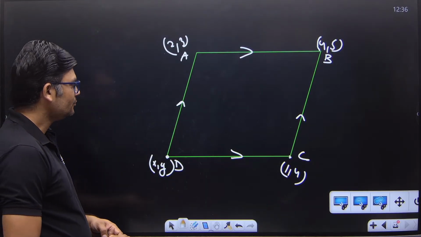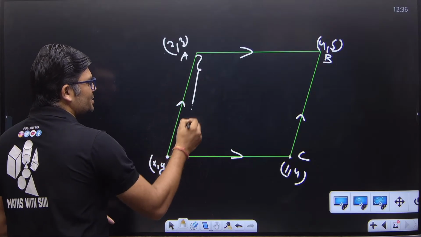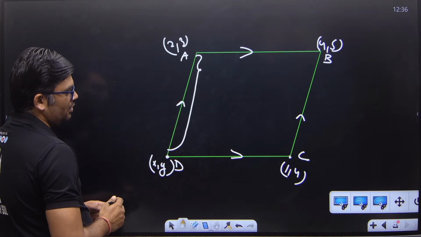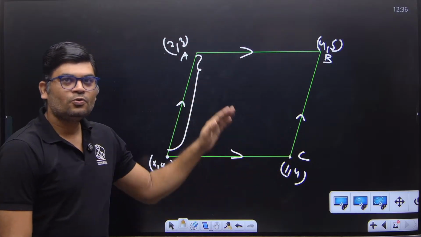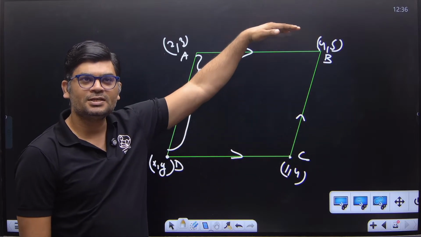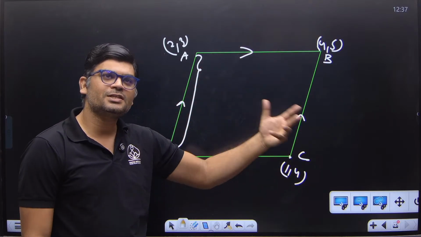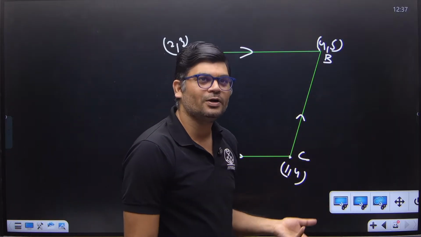Another idea can be like, this is the distance AC. So this is the distance, this is the distance. You can equate this distance with this and equate this distance with this. Then again you will get two equations of x square and y square. Again you have to solve both the equations. This is not a good idea.